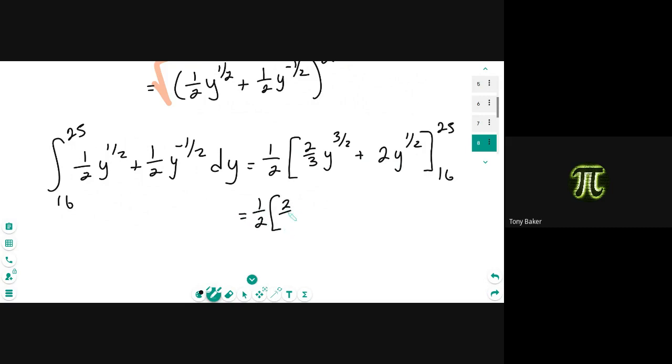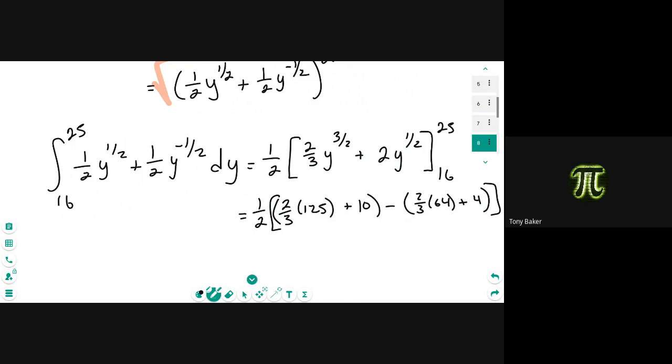So 2/3 times 125 plus 10, minus 2/3 times 64 plus 4. How do I do that now?